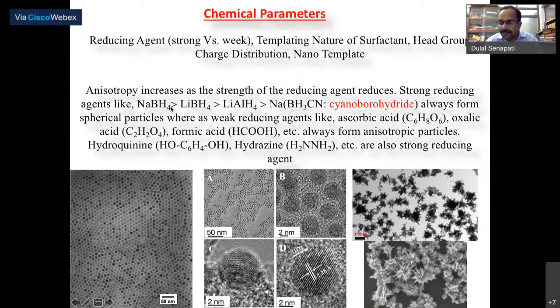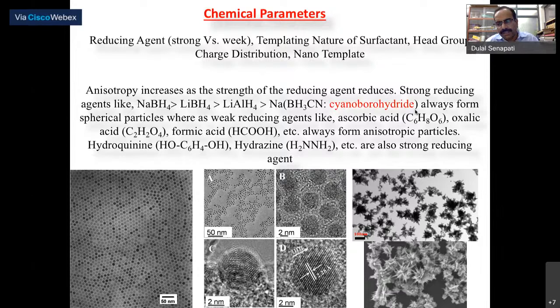Like sodium borohydride, lithium borohydride, lithium aluminum hydride, or sodium cyanoborohydride. These are very strong reducing agents, meaning as soon as you put them into the solution, they immediately dissociate and generate nascent hydrogen. This nascent hydrogen acts as a reducing agent. That's why the chemical kinetics is very fast, and we know those as the fast or strong reducing agents.